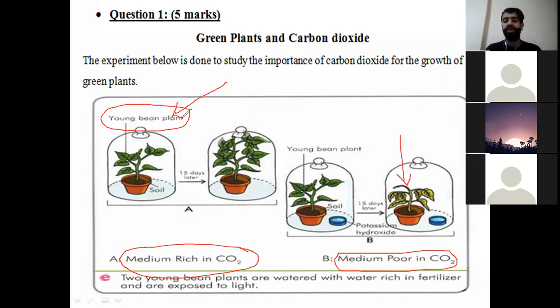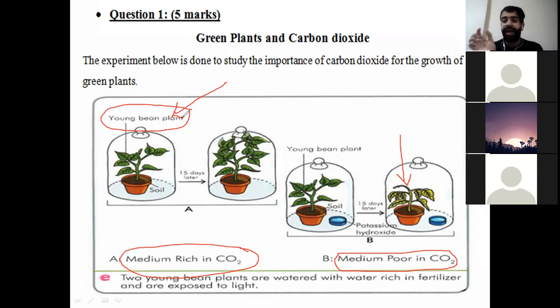This is the indication. However, the last part is the conclusion. What can you conclude? We conclude that CO2 is important for the growth of the green plants. Here I'm talking in general.